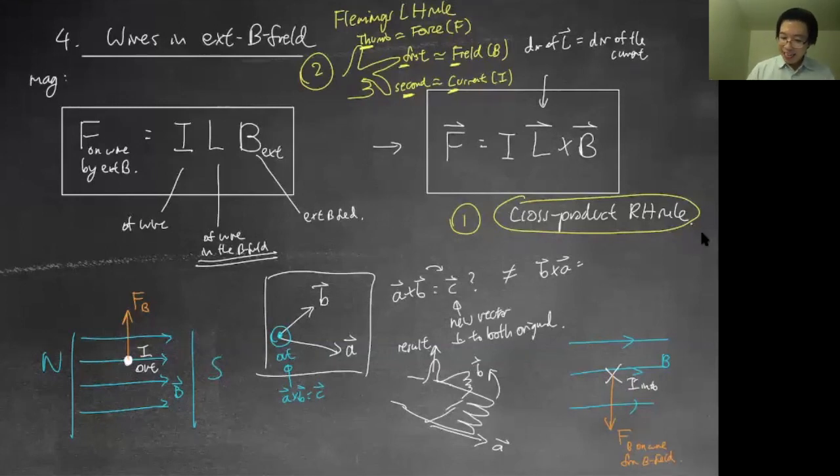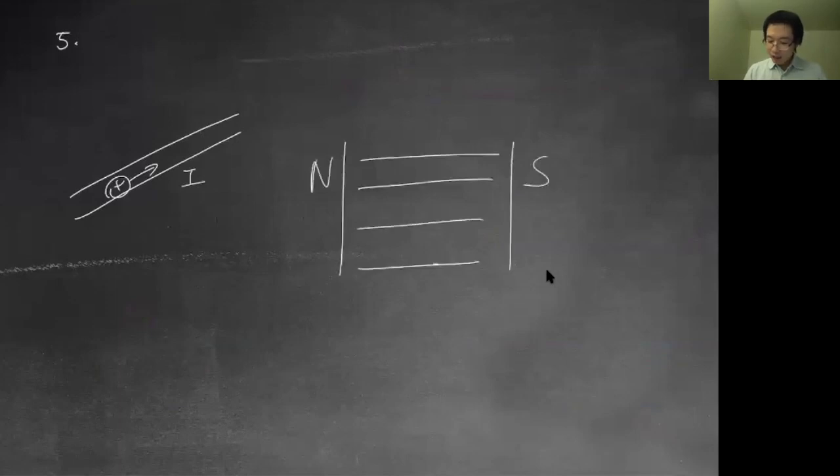And finally, now that we know how wires react to B fields, remember wires are just positive charges moving through. If I have a current, it's just positive charge moving through a wire. That means if I have an external B field like this, instead of putting a wire through it, I can just send a positive particle into the field and ask myself what happens to it. Does it experience an upward force or a downward force?